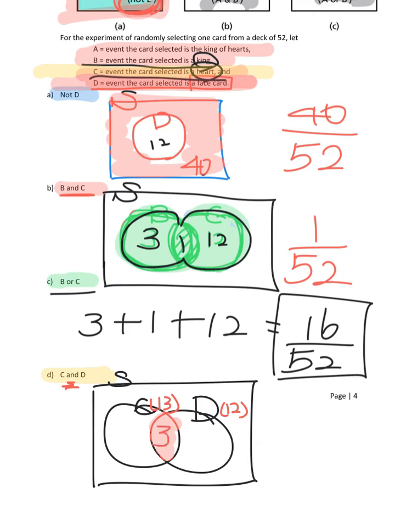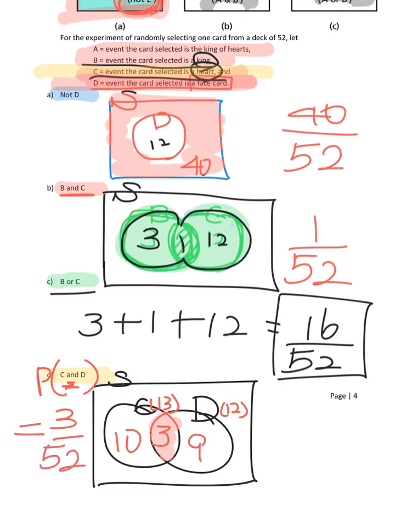Then the left-hand side, the remaining 10, heart but not face card. And how about the right-hand side? 12 minus 3, 9. So the probability of C and D will be 3 in the middle out of 52 again.